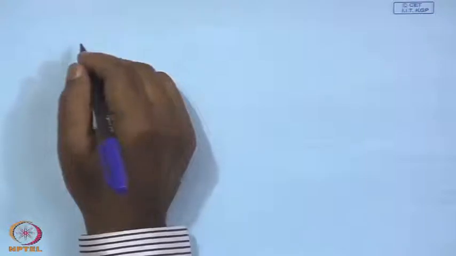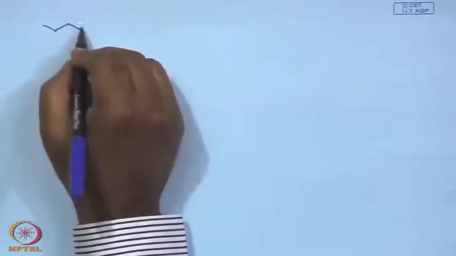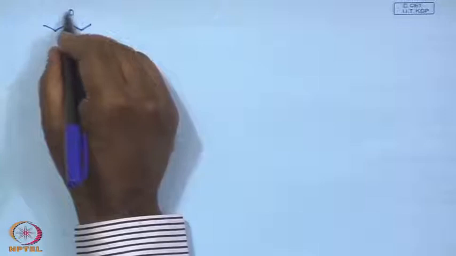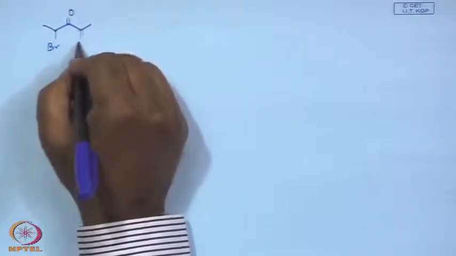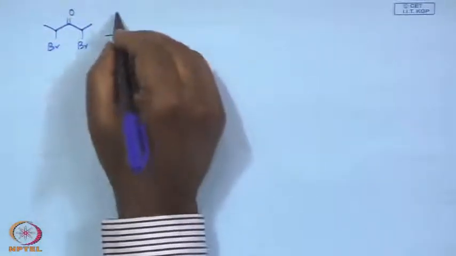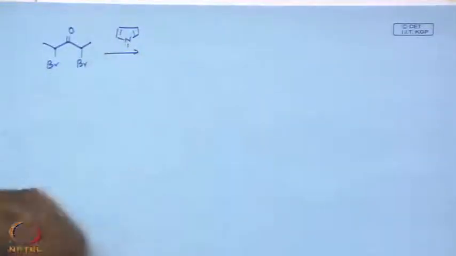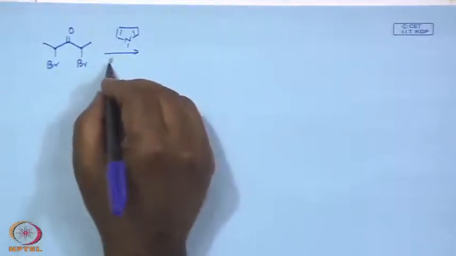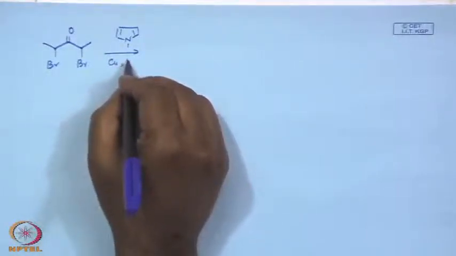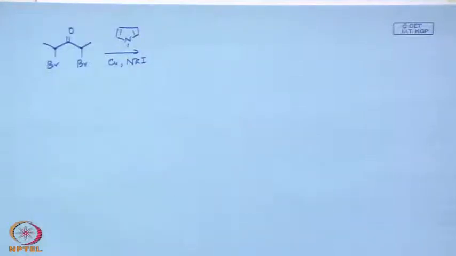And then let us look at other examples here. In this case, you have produced these oxygen heterocycles. Similarly, if you begin once again with a bromide here, then treat this with a pyrrole moiety and then copper, normally copper bronze is used, and sodium iodide.